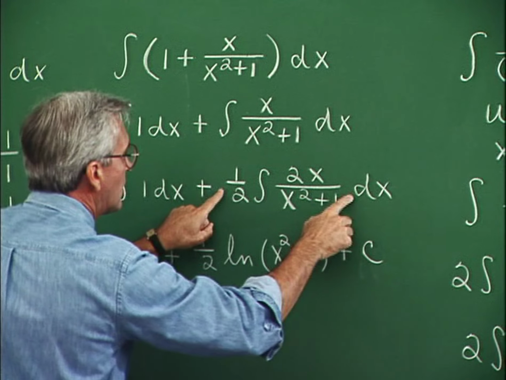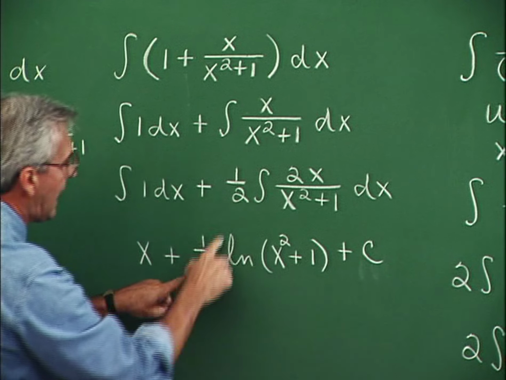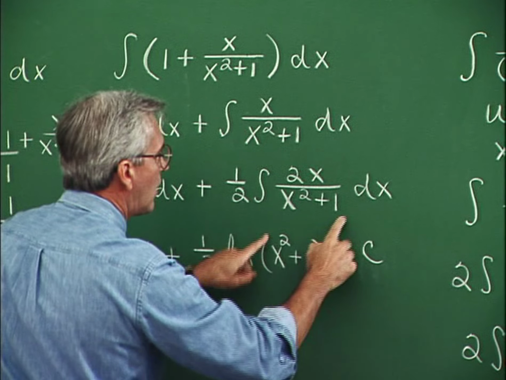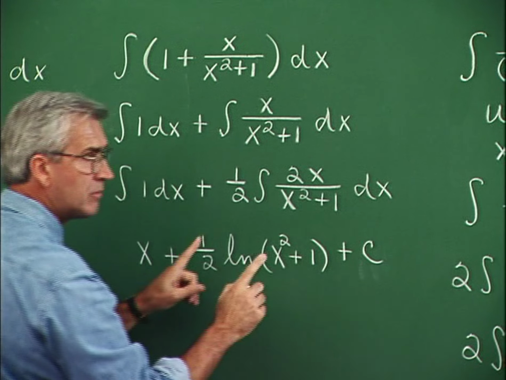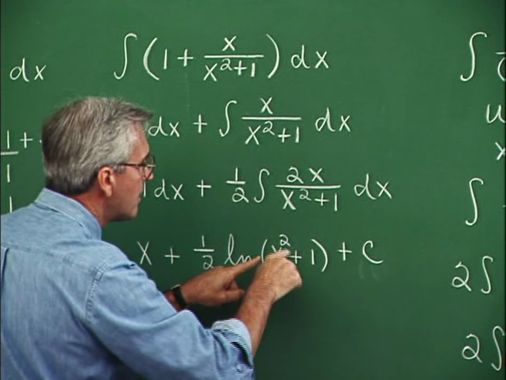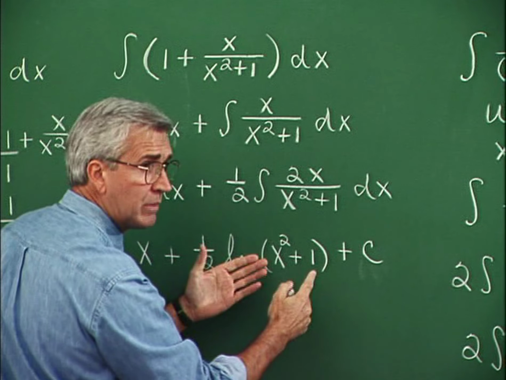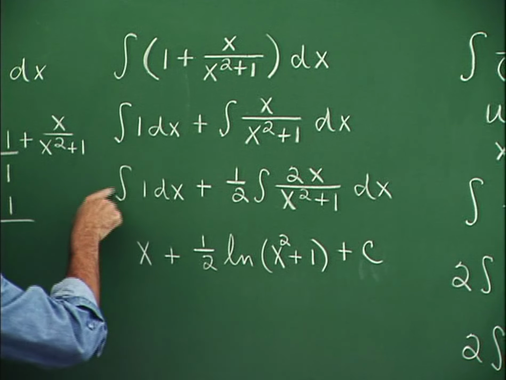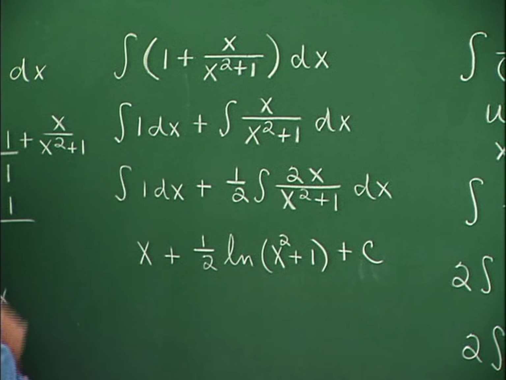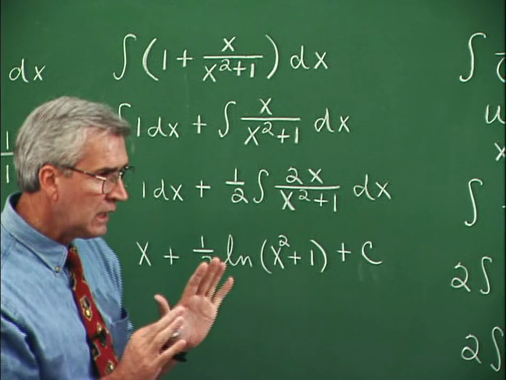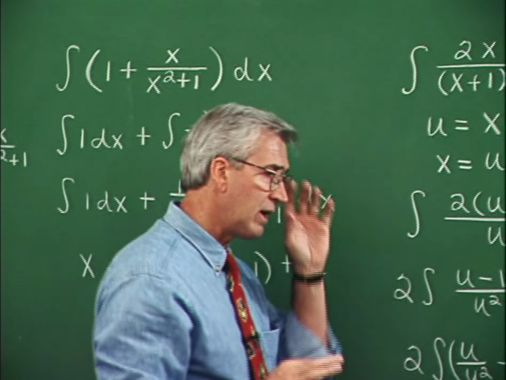So this part becomes 1/2 natural log of the absolute value of x squared plus 1 plus the constant, but we don't really need absolute value here because it's guaranteed that this value will be positive because of the x squared. And here the integral of 1 dx is simply x. So that's one situation that we can apply in this matter of integration.